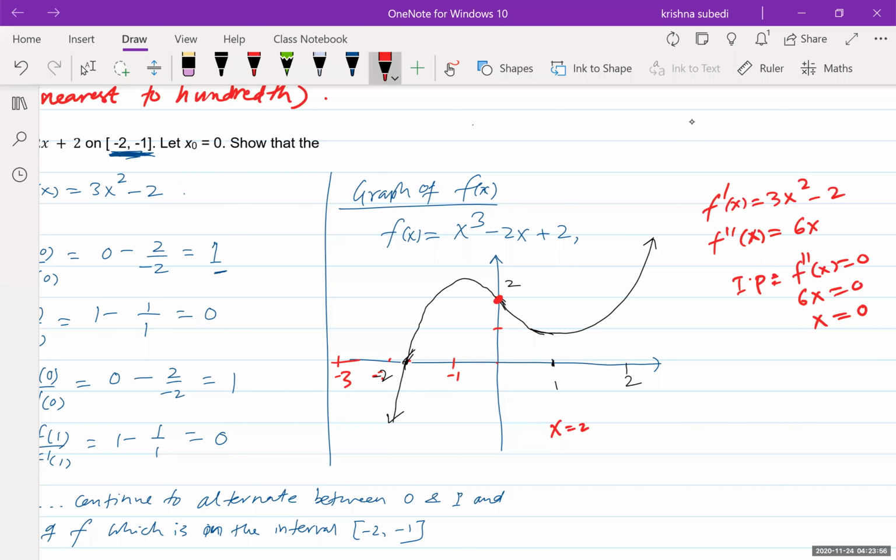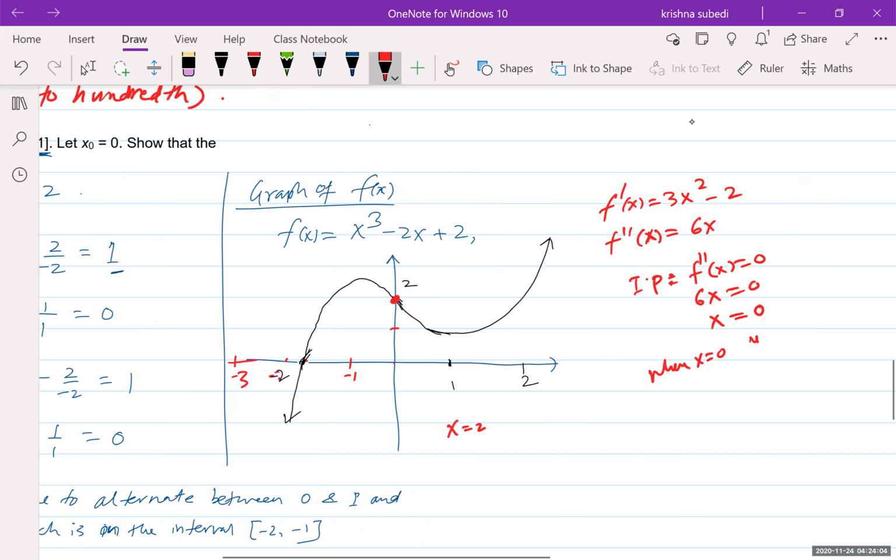When x equal to 0, what is your y? Your y value, or f of 0, is going to be 2. So (0, 2) is the inflection point. So this is your inflection point.